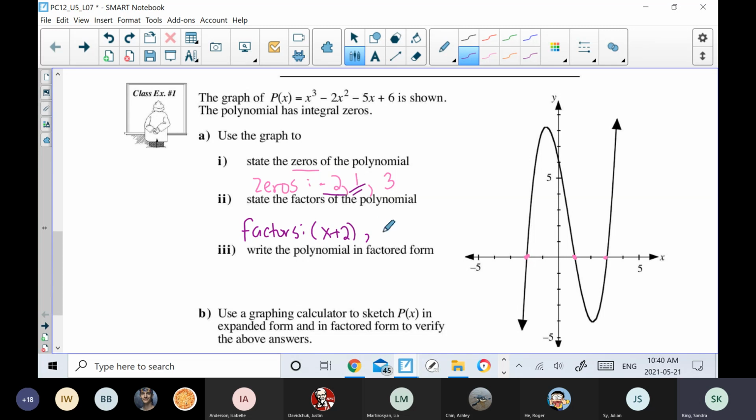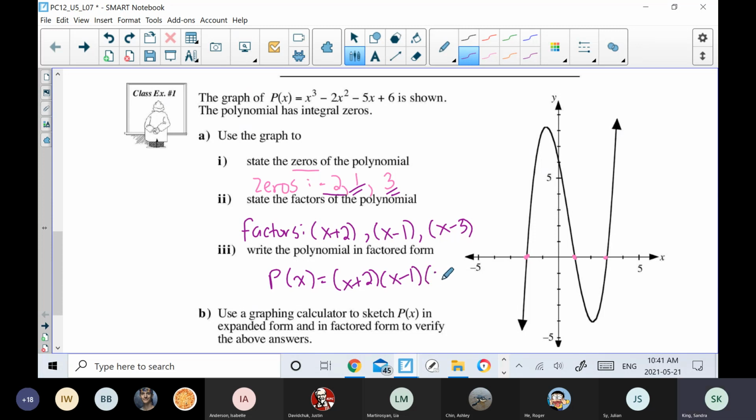In order to get a 1, I'm going to have x minus 1 as a factor. And in order to get 3, my third and last factor would be x minus 3. Write the polynomial in factored form. P of x is equal to x plus 2, x minus 1, and x minus 3.